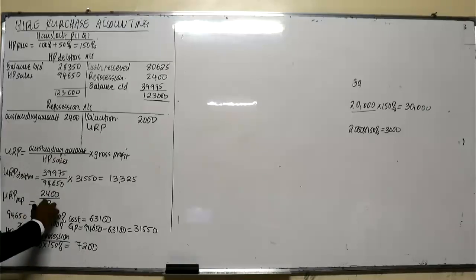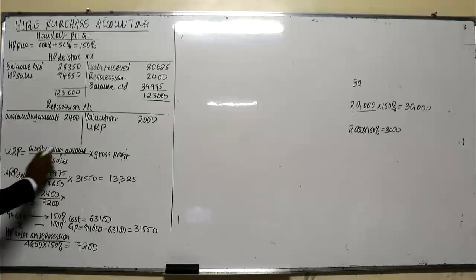So that means if the cost was 4,800, the hire purchase sales on those goods, we had sold them at 7,200. So we take the outstanding amount, 2,400, you divide by the hire purchase sales, which was 7,200, then you multiply by the gross profit. They made a gross profit of how much?